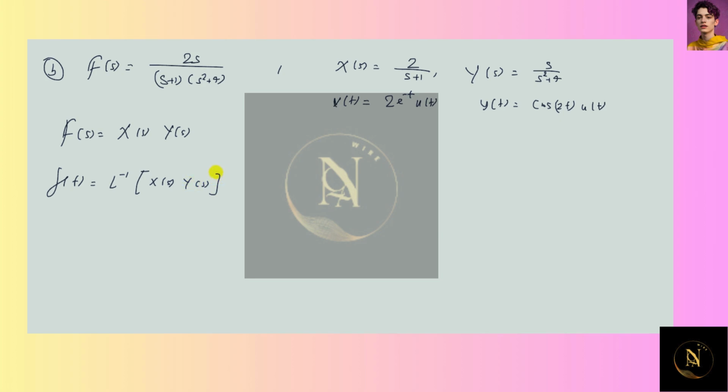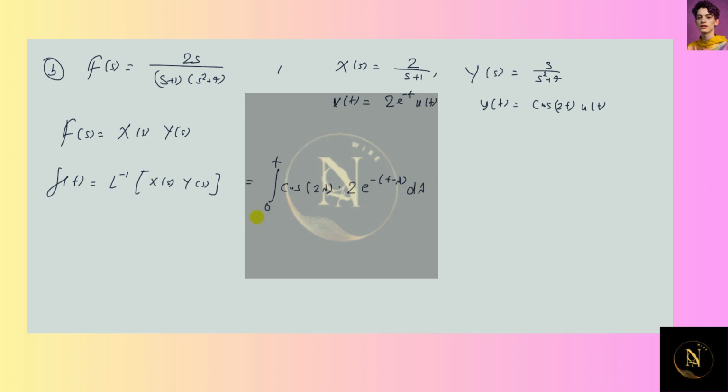So when we do the multiplication, we get the integration from the limit 0 to t of cos of 2 lambda multiplied with 2 e to the power minus (t minus lambda), d lambda.